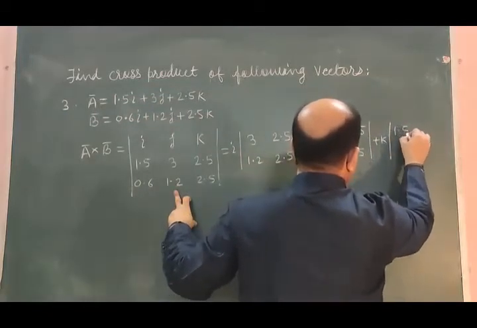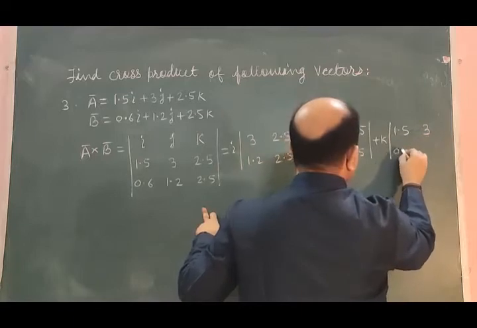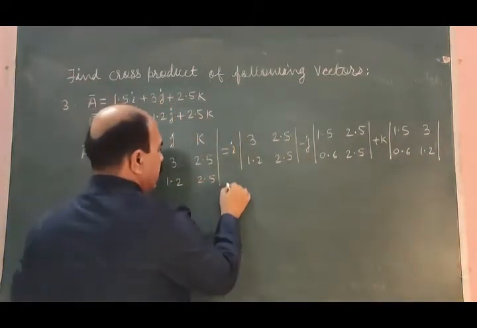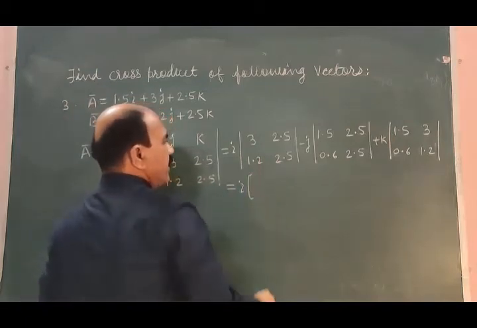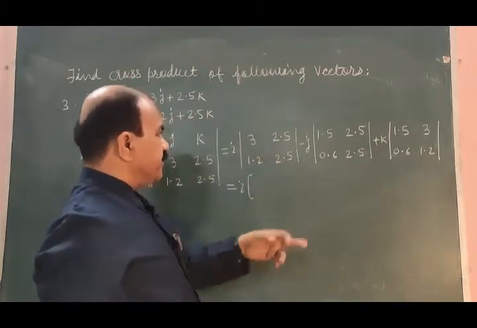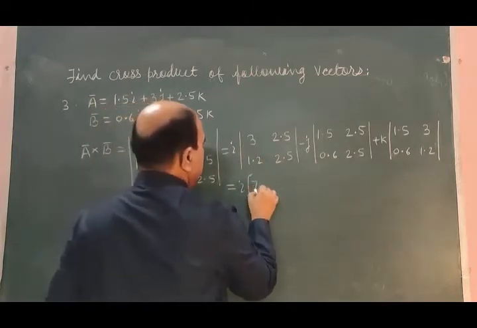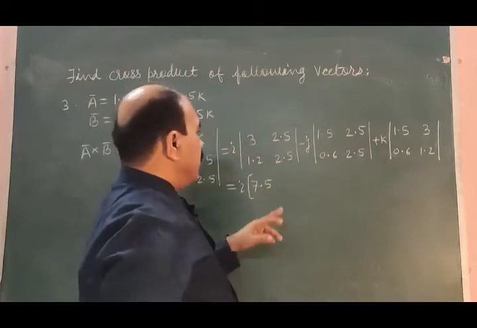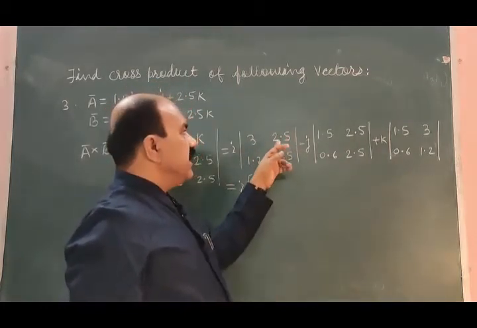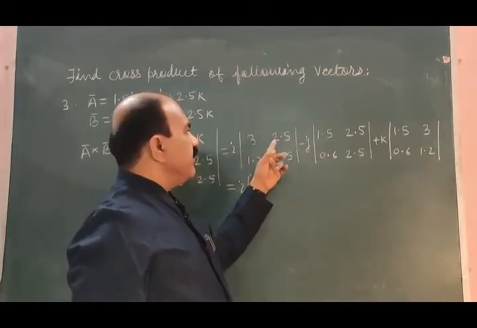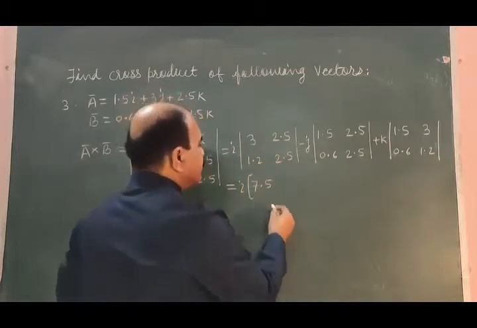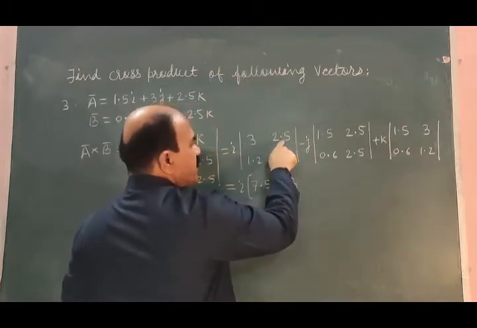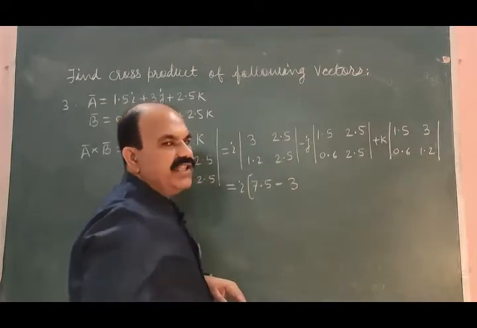Now let us solve this. i into, let us get the cross product. 25 3s are 75, so 7.5 of these two, then of these two, 2.5 and 1.2, 25 10s are 250, 25 2s are 50, so it should be 300, and when you put the decimal point, only 3 will be left.